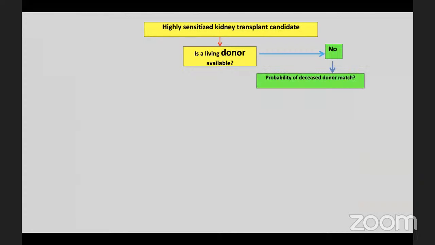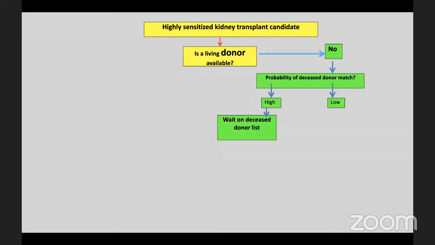When we see a highly sensitized kidney transplant patient, what is our approach? If there is a living donor available and the result is no, then usually we put them on the list. If the deceased donor match probability is high, then we make the patient wait on the deceased donor list.